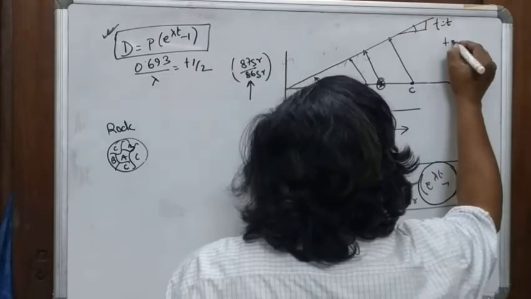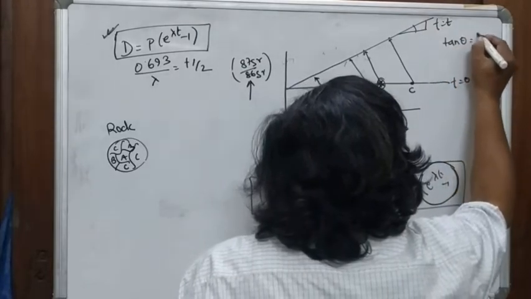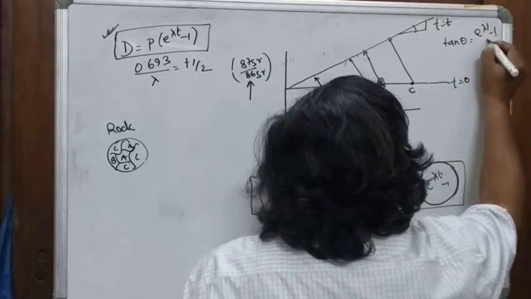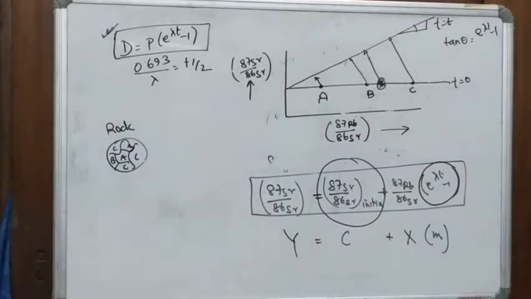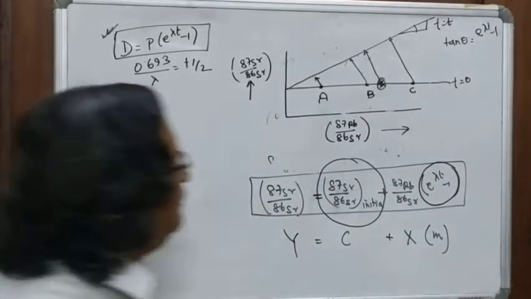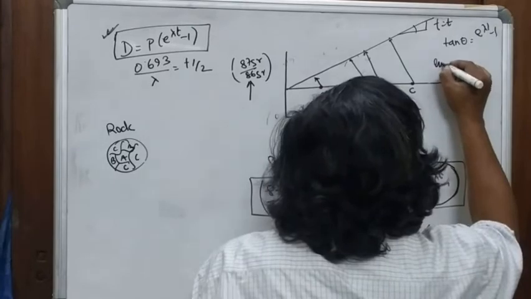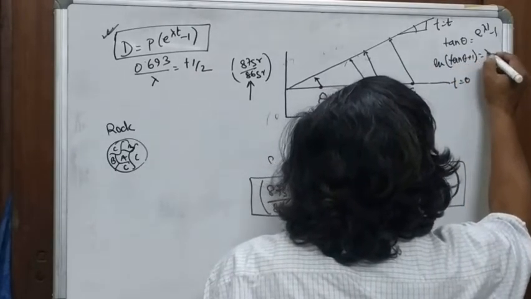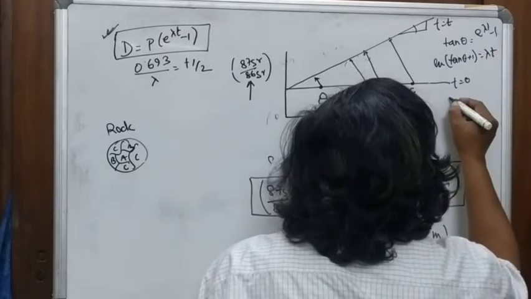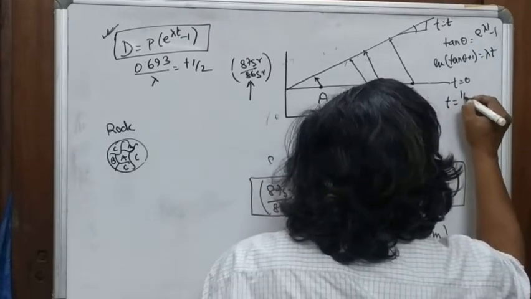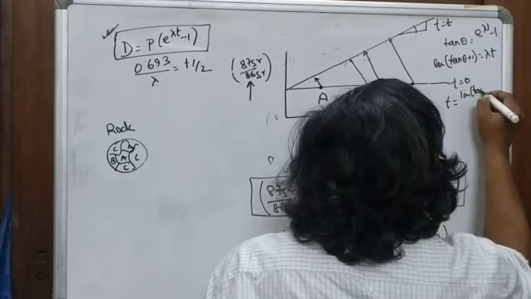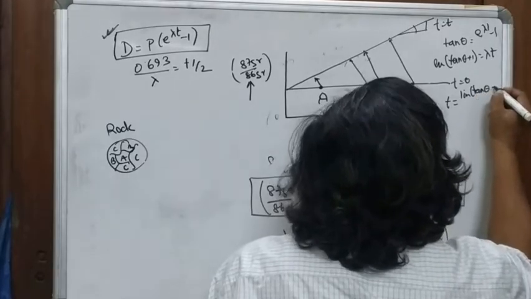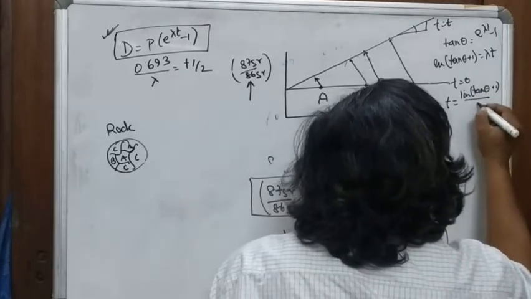If this is theta, then tan theta is equal to e to the lambda t minus 1. So now from this, if you take it, ln of tan theta plus 1 is equal to lambda t, and therefore t will be equal to ln of tan theta plus 1 divided by lambda.